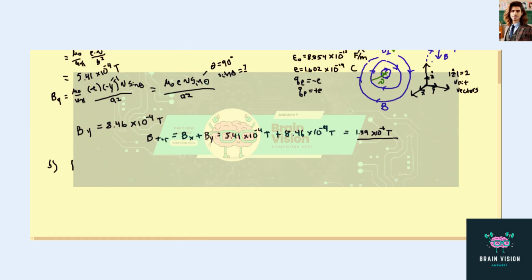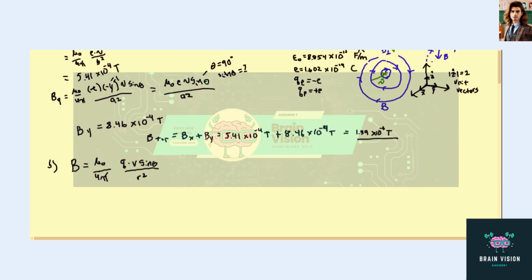So we can write that as B is going to be equal to mu naught over 4 pi, and then we have q times v sine theta divided by r squared.